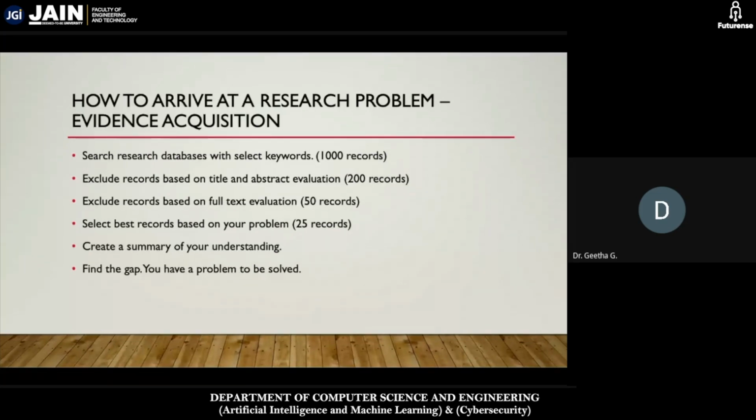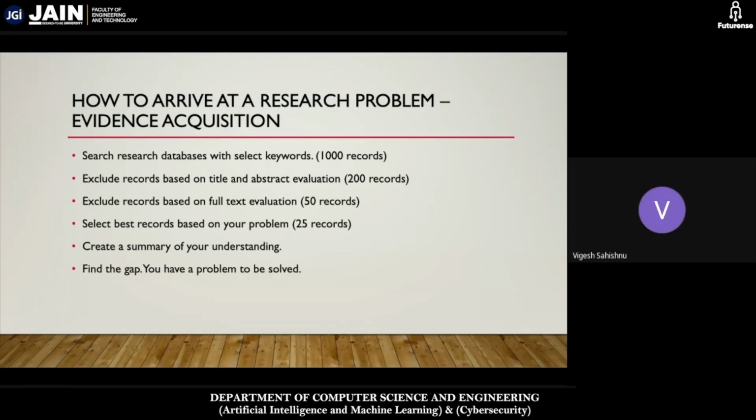Right. So assume you are able to collect some 200 research papers based on the title and abstract evaluation. Once you get all those research papers, then you have to evaluate the full text. When you start reading the full text, I'm sure you will not get everything in your first attempt.